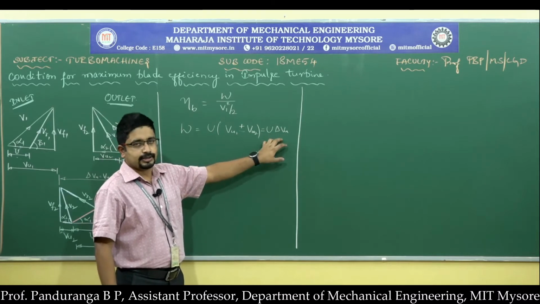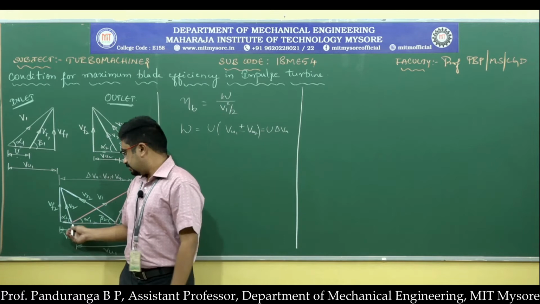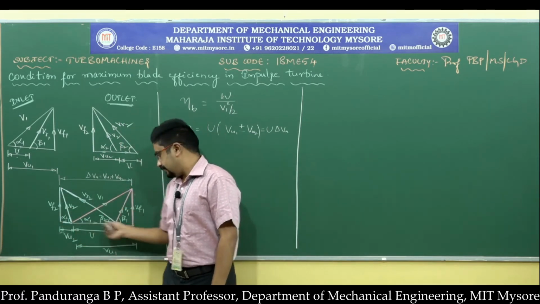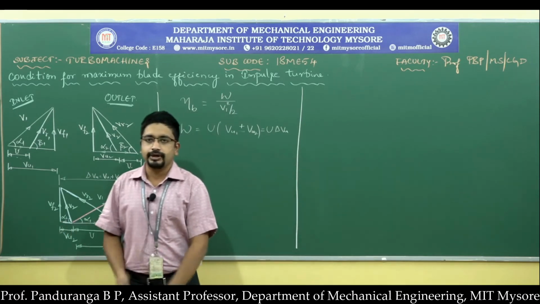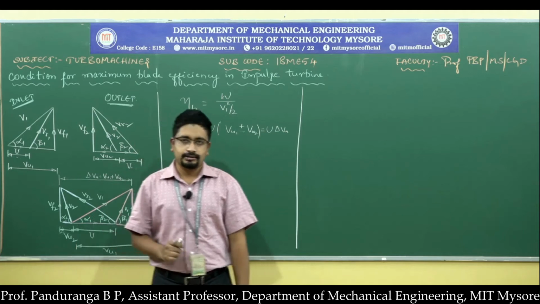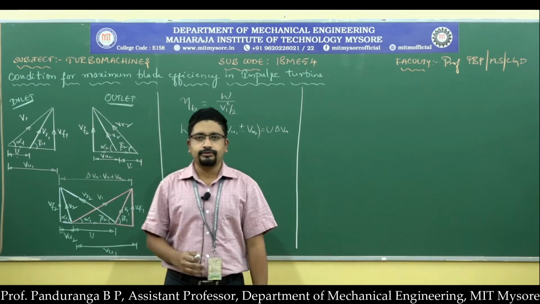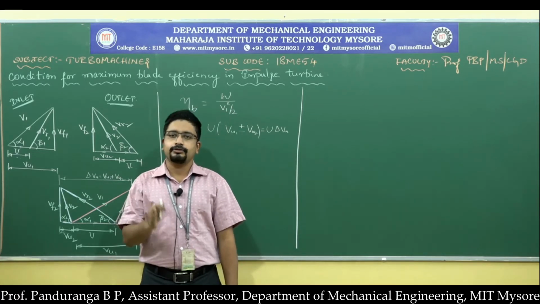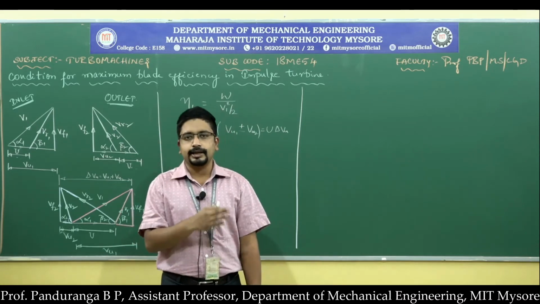U into delta VU will give us the energy transfer. Now with the help of the velocity triangle, let us try to find out what delta VU is. From here till here we have delta VU, which is VU1 plus VU2. Now let us express that in terms of V1 and alpha 1, because we will be knowing the absolute inlet velocity of the fluid and at what angle the fluid will be entering the turbine blades, or we will be knowing the conditions at the nozzle.